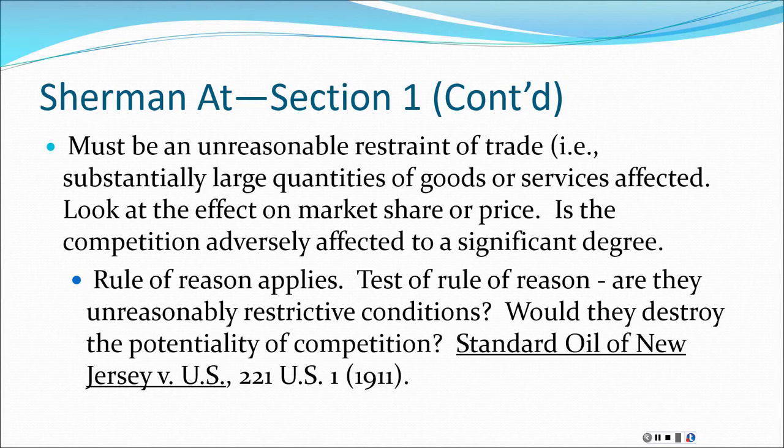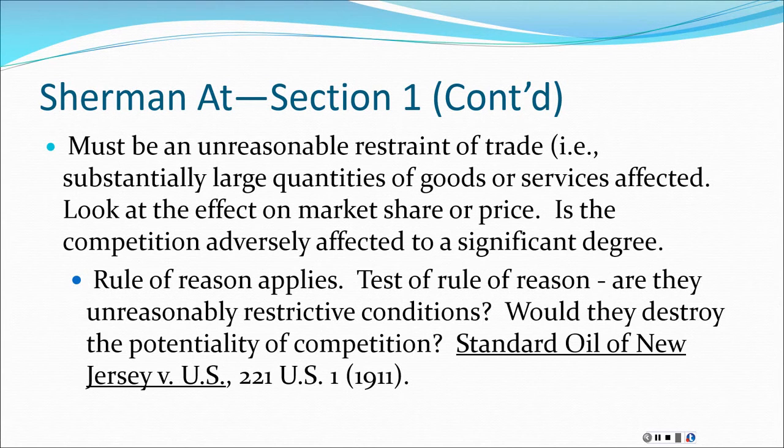So normally what we have in these antitrust violations, we have the courts applying a rule of reason test to them. The test of the rule of reason is, are these restrictions unreasonably restrictive conditions, meaning the contracts, combinations, or conspiracies in restraint of trade?